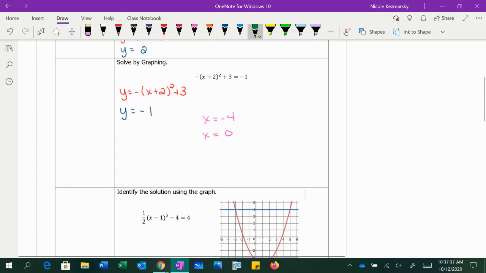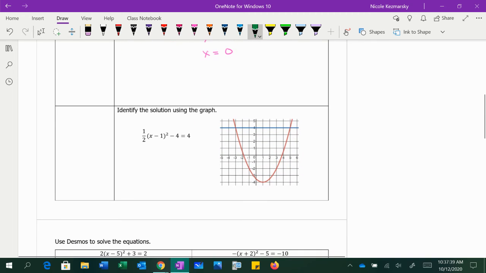Just to emphasize this a little bit more, here's one more example. This one, we're just looking at the graph with the parabola, the left-hand side, where y equals 1/2 (x minus 1) squared minus 4, and then y equals 4.